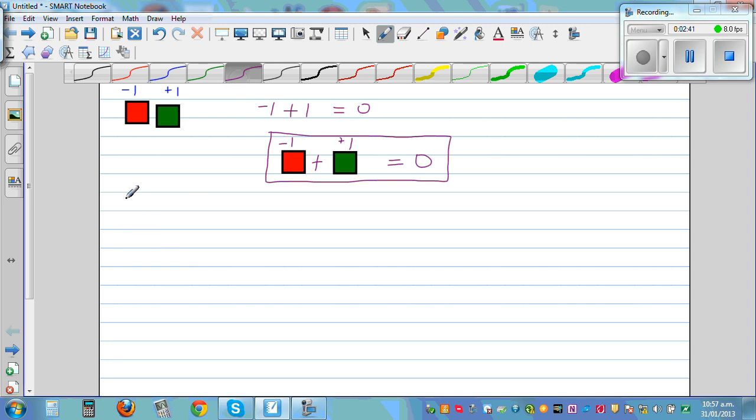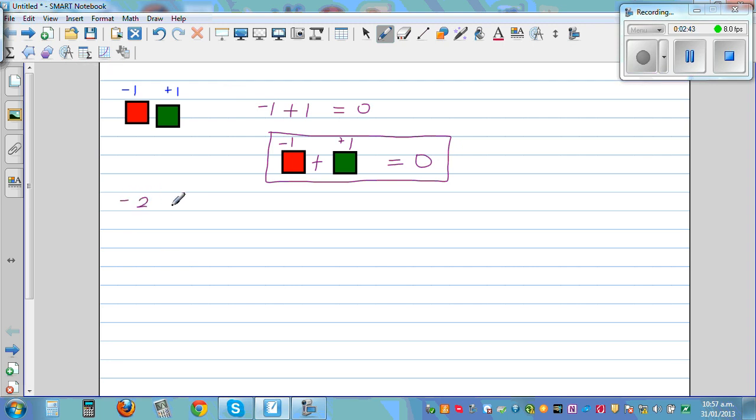What is -2 plus -5? This is where things get confusing. How do you add -2 and -5? The idea is the same. There are two red tiles, this is -2, and this is -5, so you have 1, 2, 3, 4, 5.